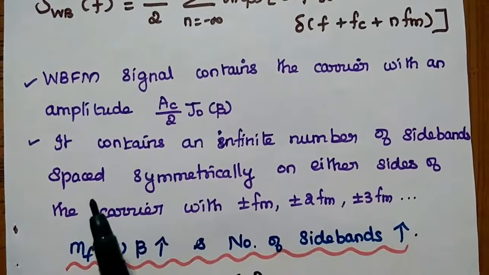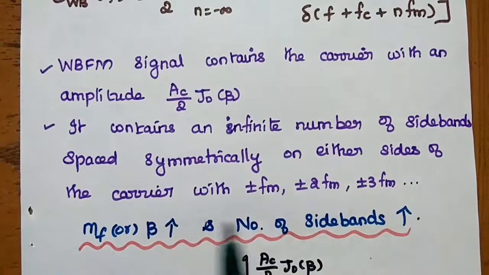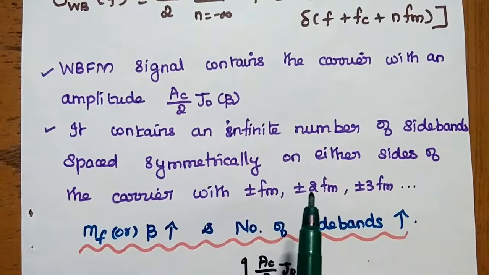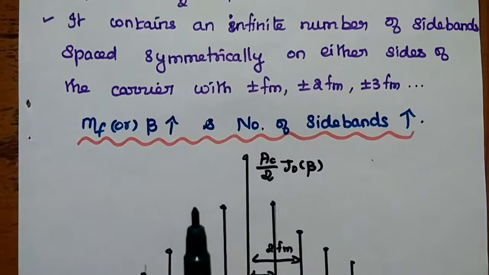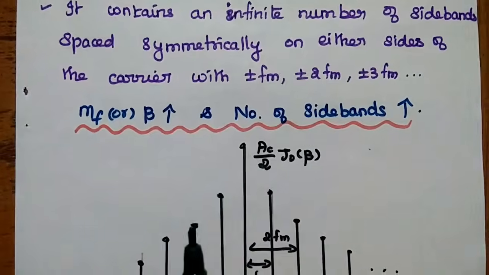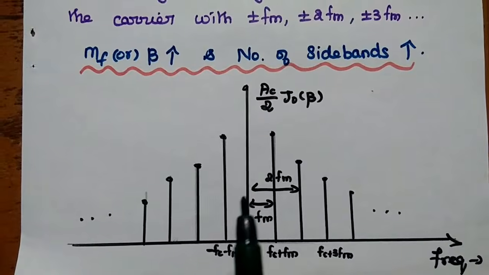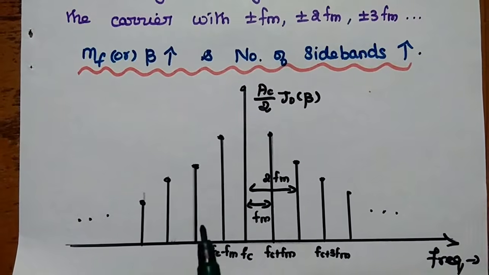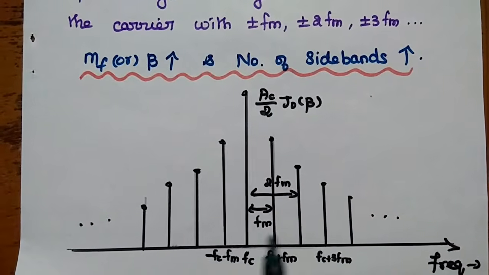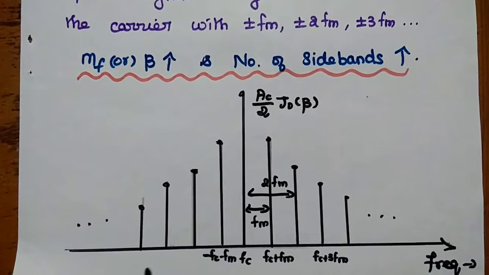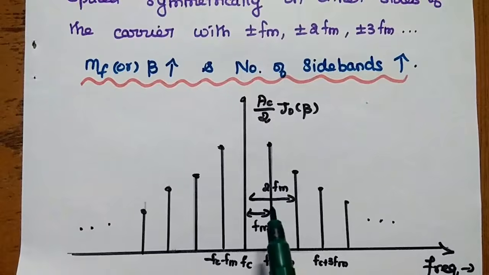So it contains an infinite number of sidebands spaced symmetrically on either side of the carrier at plus or minus Fm, plus or minus 2 Fm, plus or minus 3 Fm, and it goes on like that. Here the modulation index is proportional to the number of sidebands. So this is the spectrum representation of wideband frequency modulated signal. This is the carrier amplitude and then we have n number of upper sidebands as well as lower sidebands with the separation of plus or minus Fm.